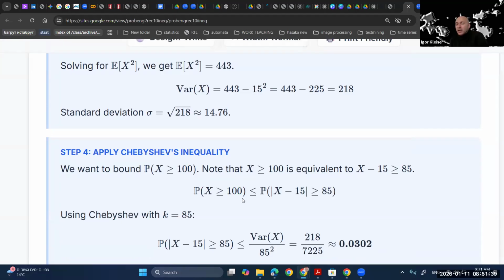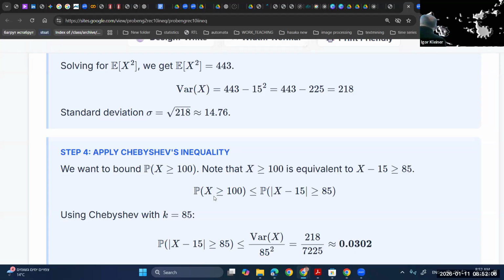Our goal is to find a bound for the probability that x is greater than or equal to 100. But it's not in the form of the Chebyshev inequality. The form of the Chebyshev inequality is the probability that the absolute value of x minus its expectation is greater than or equal to something. It's not the same form, so we need to do something.